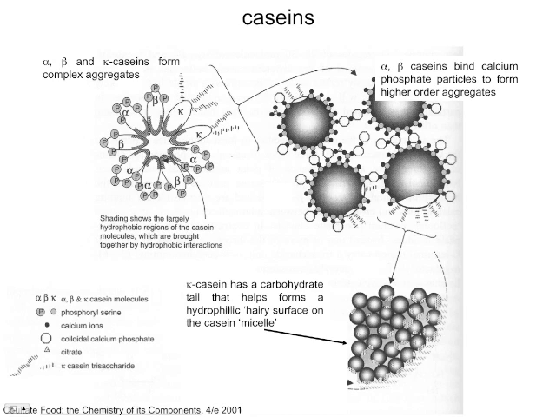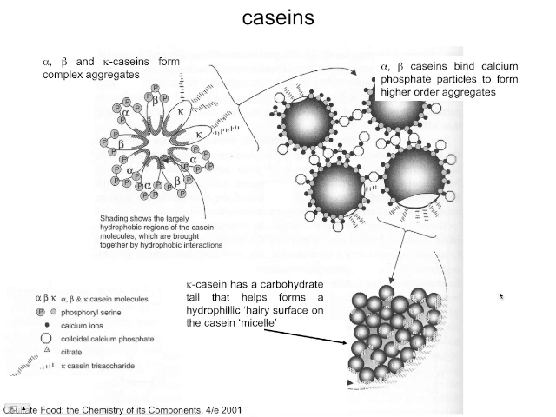They bind calcium phosphate, and that helps link these small particles into much larger particles, and ultimately what we get is this very large scale micelle in which kappa casein, the highly charged and highly hydrophilic casein, is exposed on the exterior, and its presence is limited on the interior.